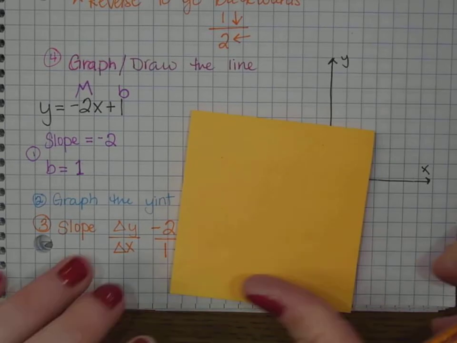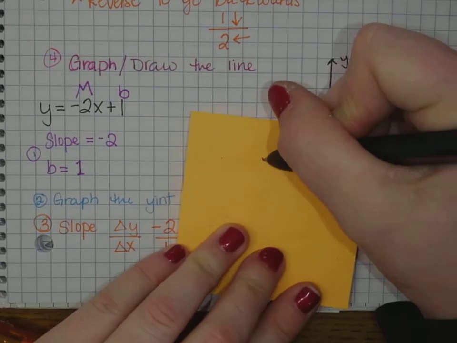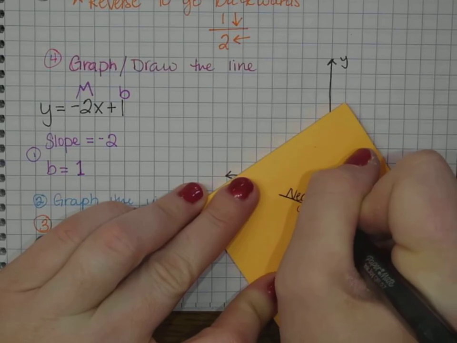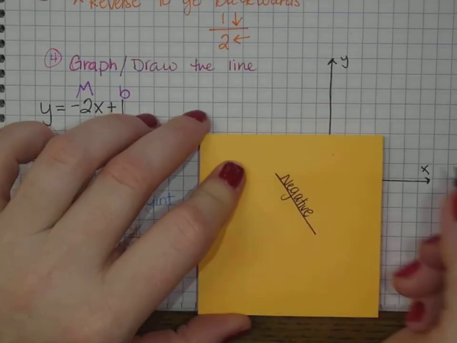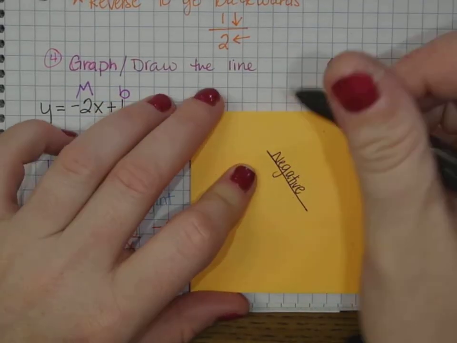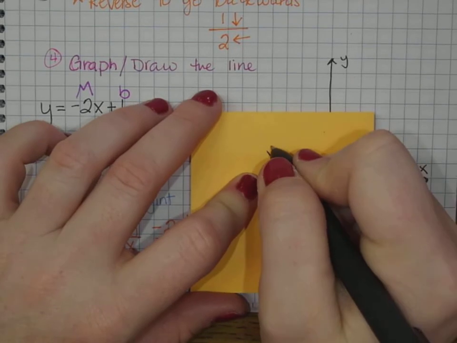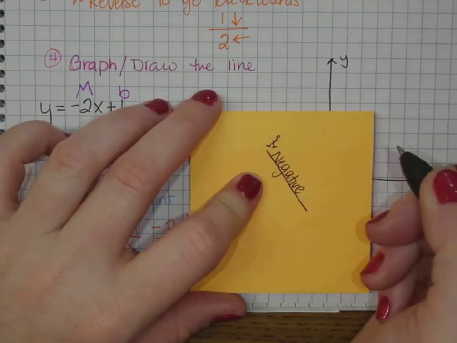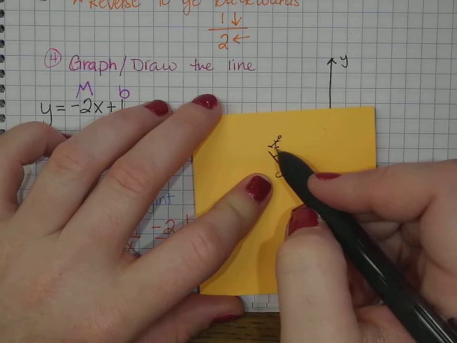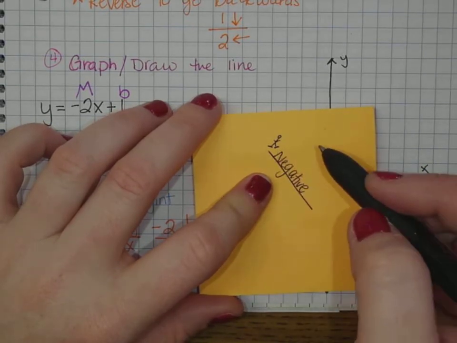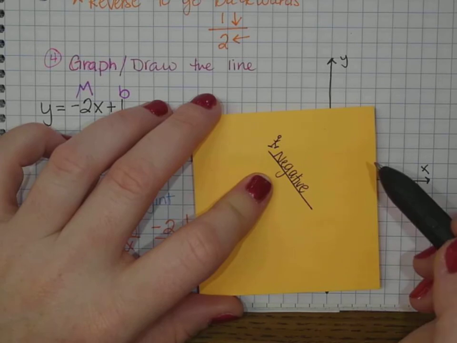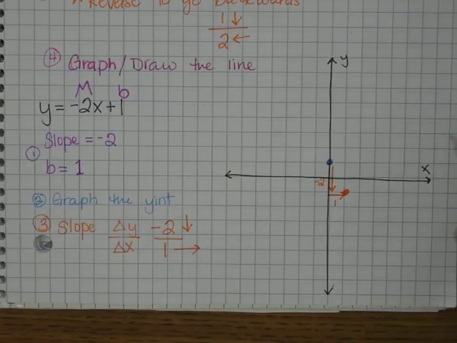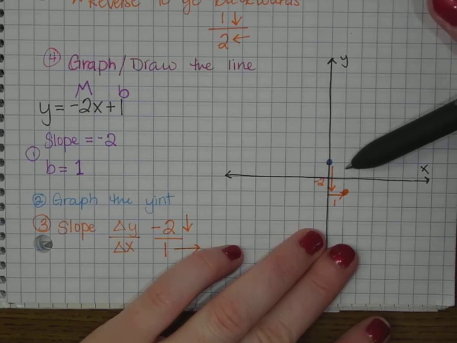Because remember, a negative slope has to go down from left to right. You can think about a little ski guy, he's skiing, except his skis are pointing in, so he's going to get hurt. But anyways, he's going down the hill. So it's nice, negative.